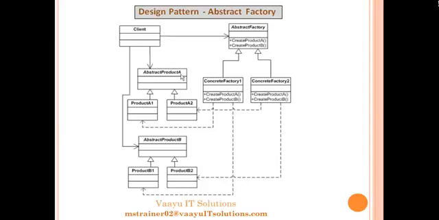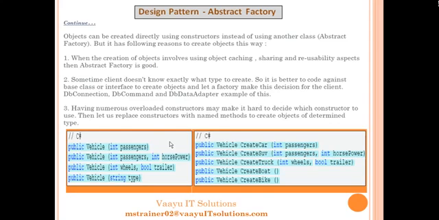Abstract product A is the flat desktop, abstract product B is the cabinet desktop, and our client is the computer world. The client is responsible for creating the objects.